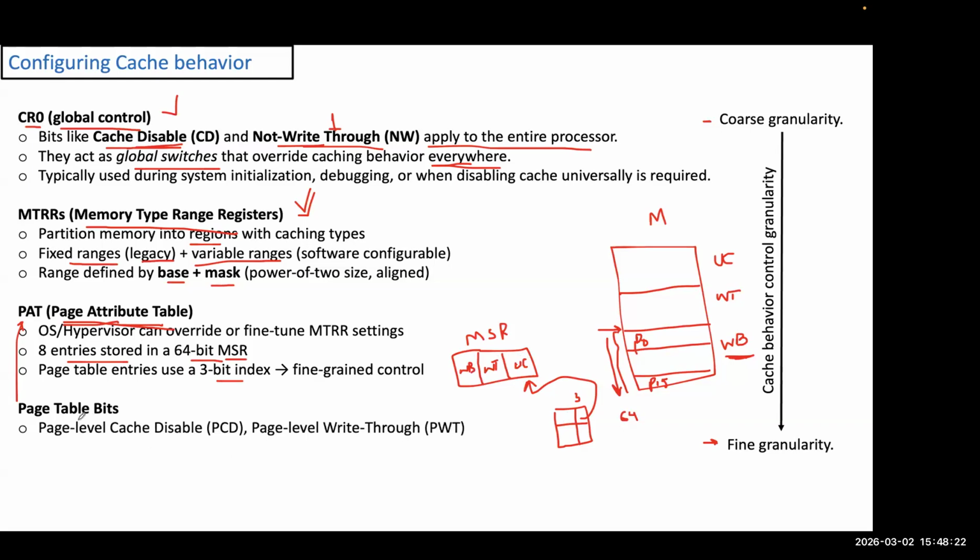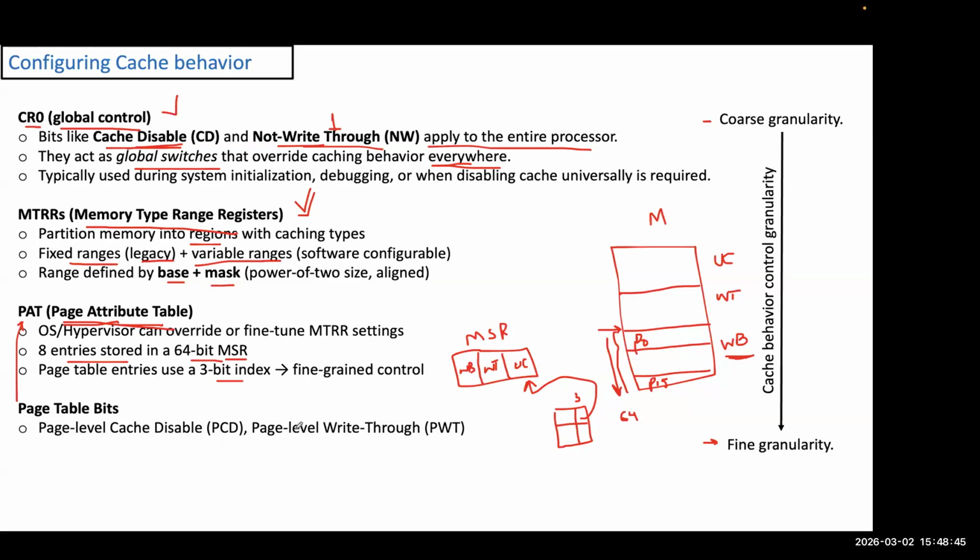Okay, and page table bits are another way of saying the same thing. You can have these bits enabled or disabled to define whether you want to disable page level caching. For example, you don't want the whole page to be cached.